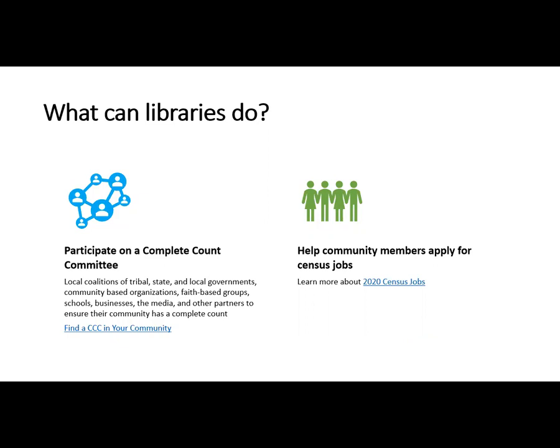We also have a statewide complete count committee that's doing a lot of outreach work. So OLIS is represented on that committee, and we are hoping to share any information that comes out of them with libraries.